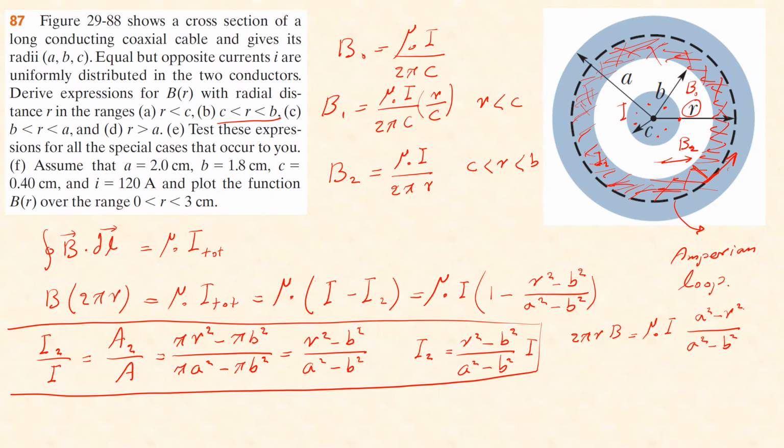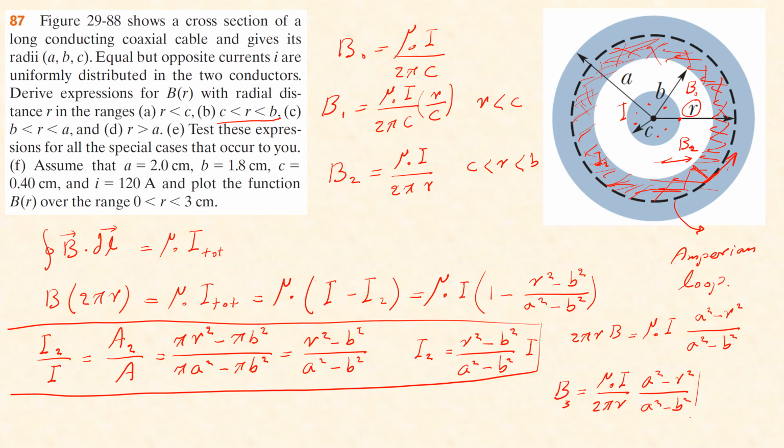Okay. So now you see that you have to find B, let me call it B3 in the third region, becomes mu naught I over 2 pi r times this expression, a squared minus r squared divided by a squared minus b squared.